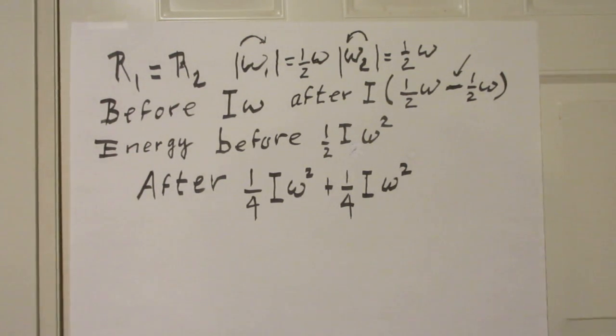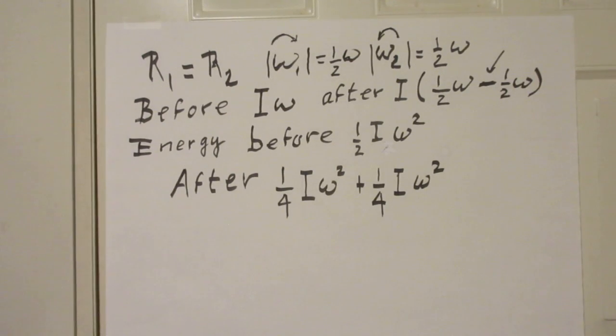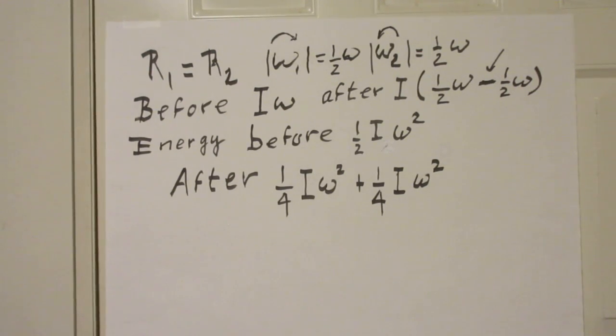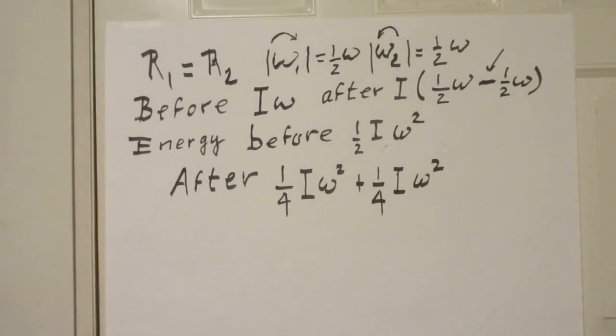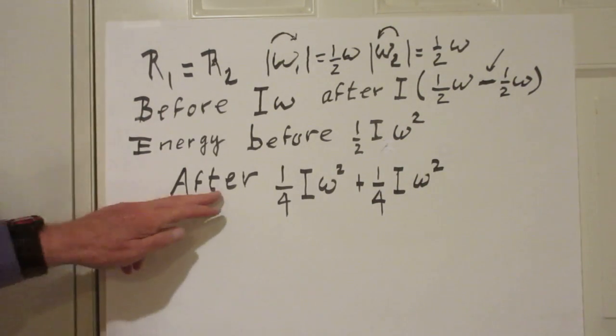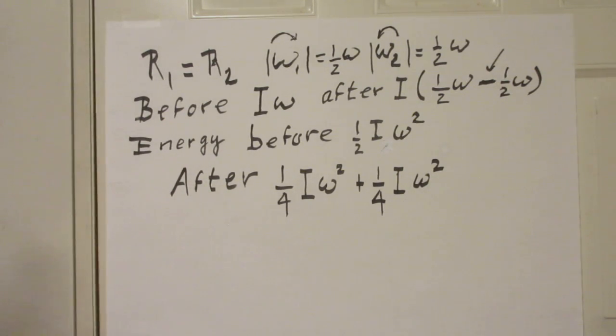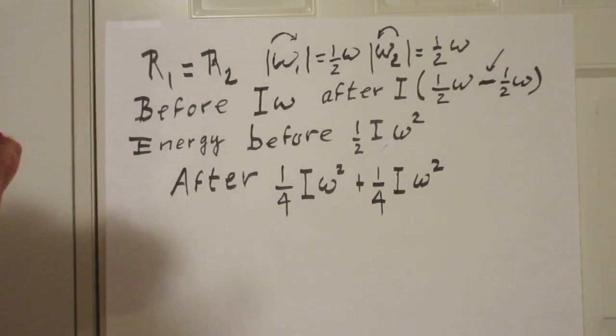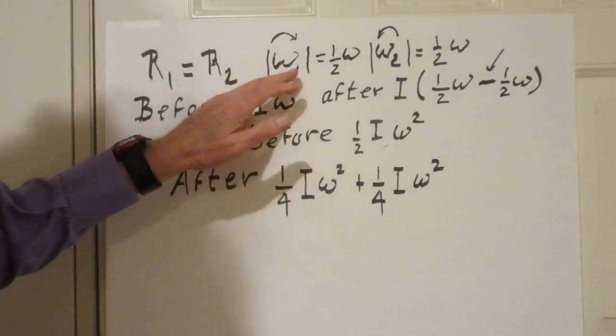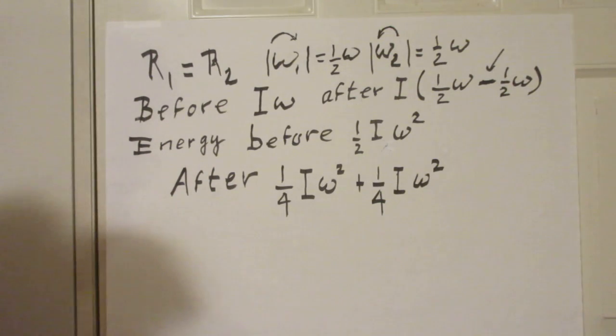Let's now look at the energy. The energy, when the problem started, is 1/2 I omega squared. In the equilibrium state, it is 1/2 I times omega 1 squared plus 1/2 I times omega 2 squared. Now signs do not matter because the square of a minus sign is still plus. So now there is a plus sign here.